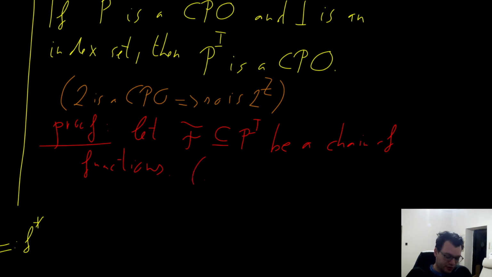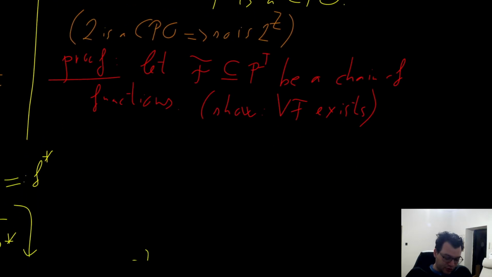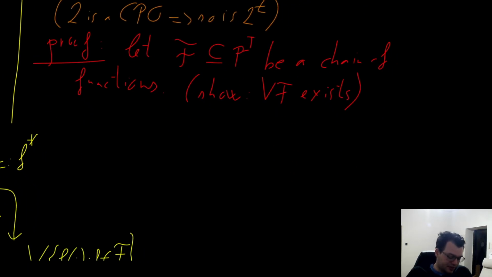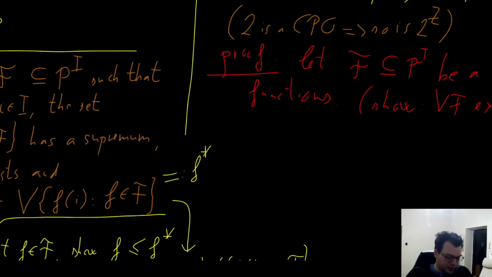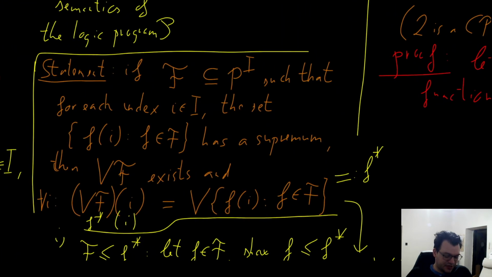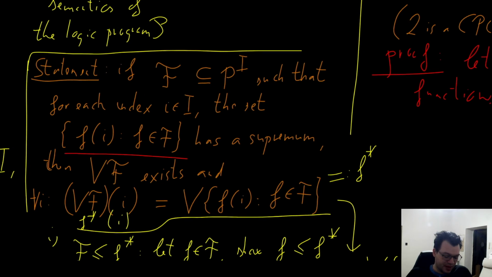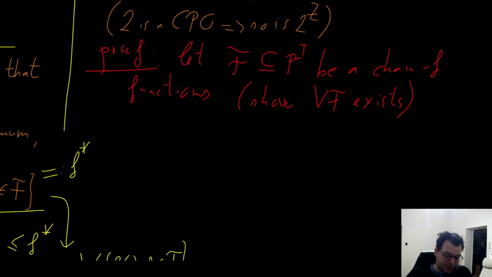We have to show that the supremum of F exists. Now, the previous statement says that if the set {f(i) : f in F} has a supremum, then F has a supremum. So let's check this.